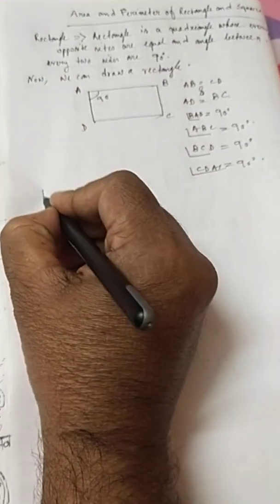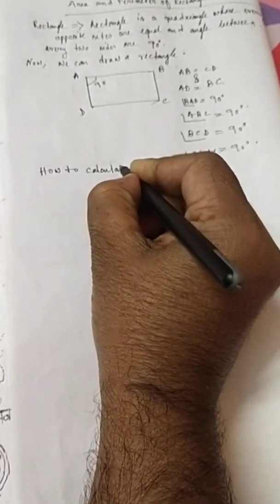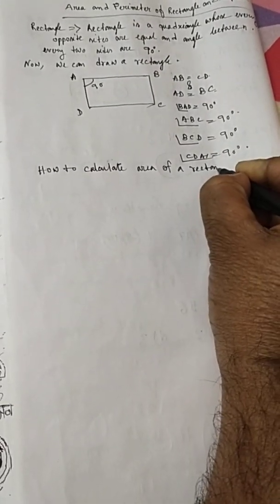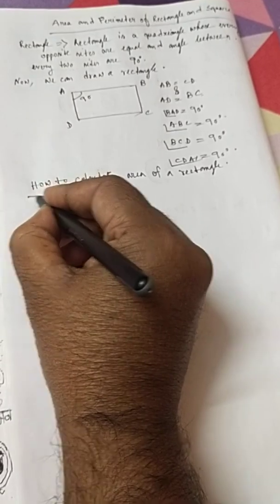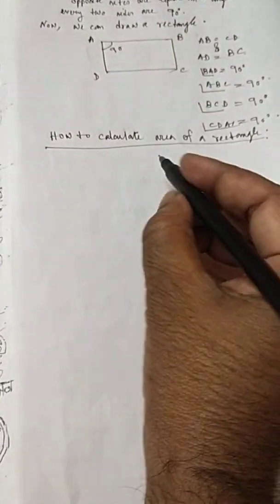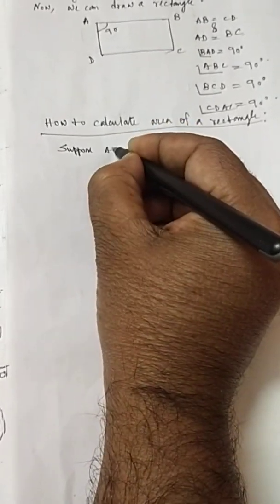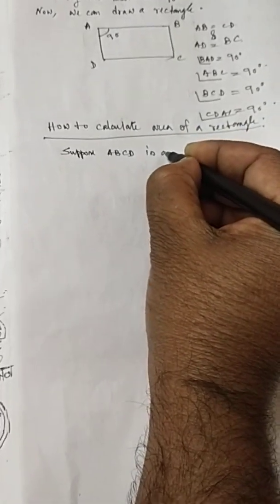Now we learn how to calculate area of a rectangle. Suppose ABCD is a rectangle.